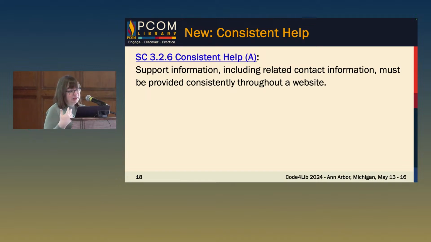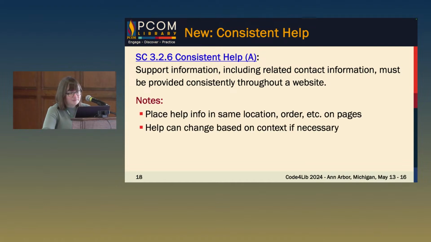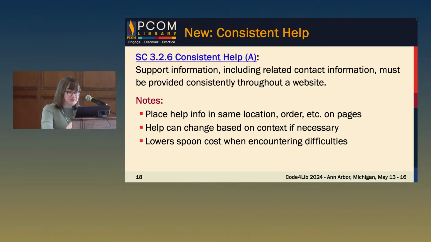Another new one is criterion 3.2.6, consistent help, level A. Basically, it says that if you offer support information, things like related contact information, it should be consistent throughout the site. Basically, place it in the same location and order, and help can change based on context. You might have more instructions for particular parts of a site.